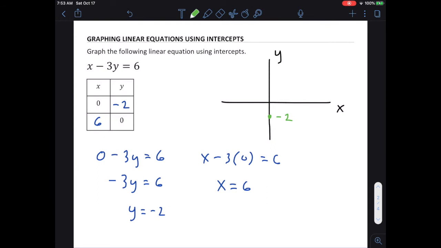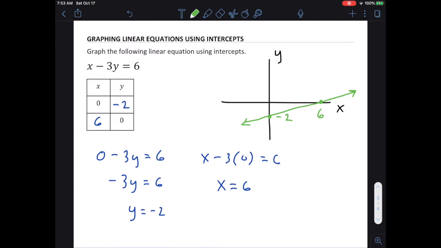For the second one, 6 is an x value, so all we have to do is find 6 on the x-axis. So we go over here, and I'm just guessing roughly where it's going to be. It doesn't have to be perfect, and this looks fine. Then we have 2 points, and since we only need 2 points to create a line, we can go ahead and connect them and put arrowheads on either end to identify that it goes on forever.